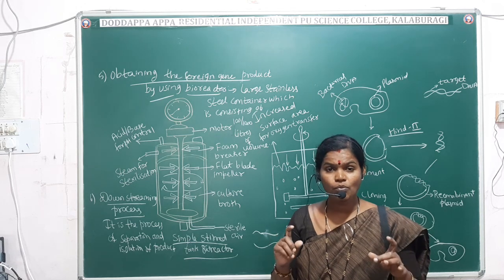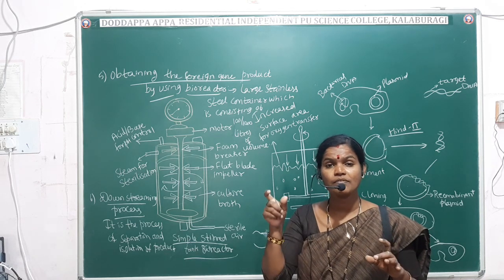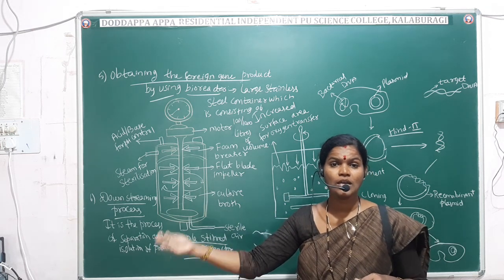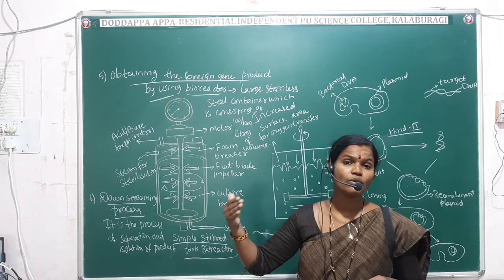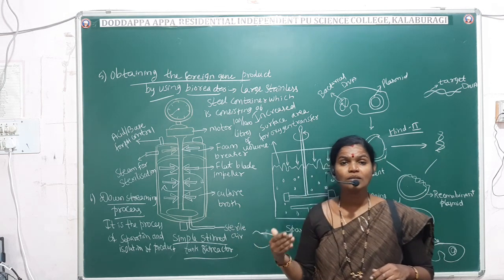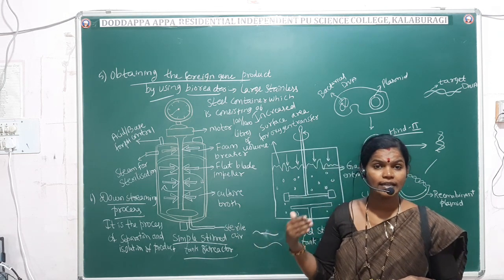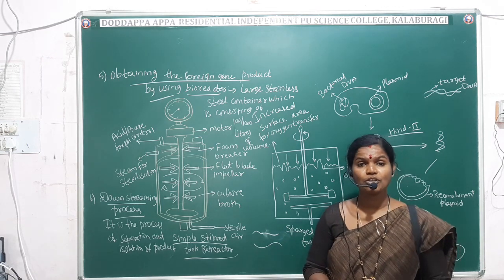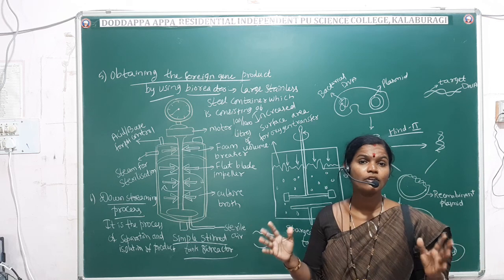Suppose we want to multiply a fragment of the DNA into millions of copies, then we go for the process called amplification, which is the third step of recombinant DNA technology. Amplification is the multiplication of the DNA into millions of copies.